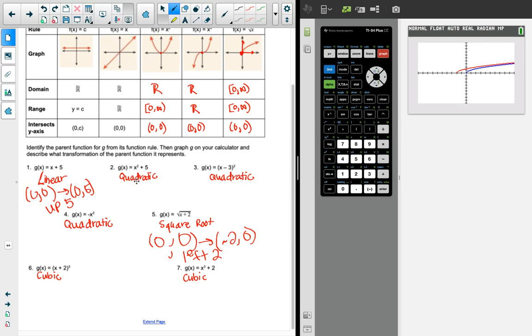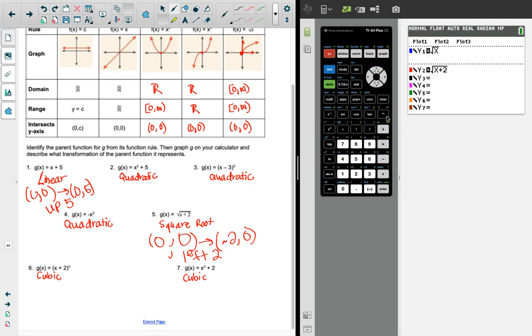All right, now let's look and see what's happening with our quadratics here. Since there are 3 of those, we're going to go to y equals. And then we will type in x squared because that's the parent function for all of our quadratics. First I'm going to look at x squared plus 5 and graph it.